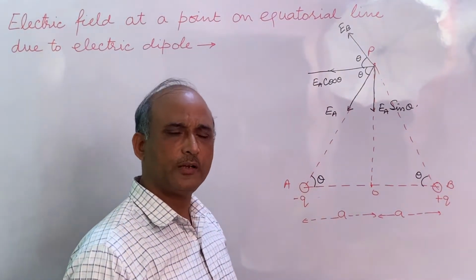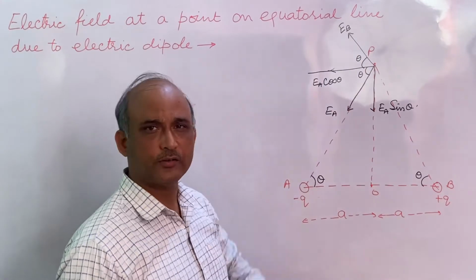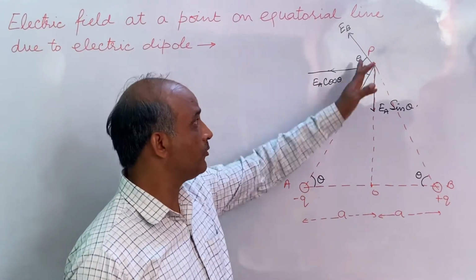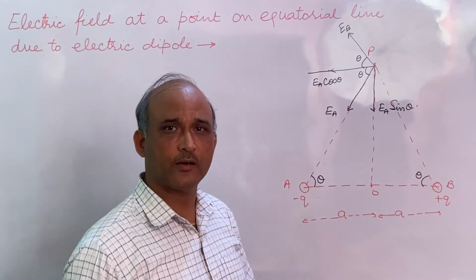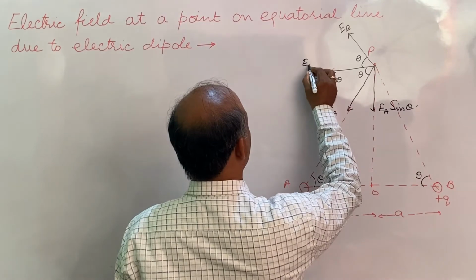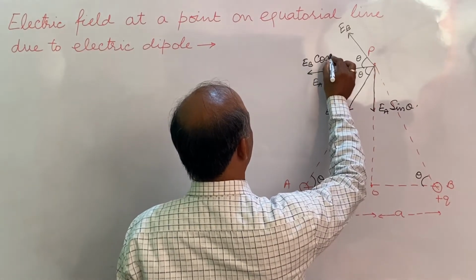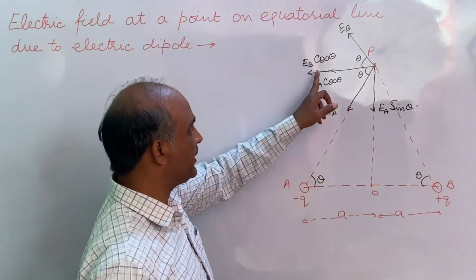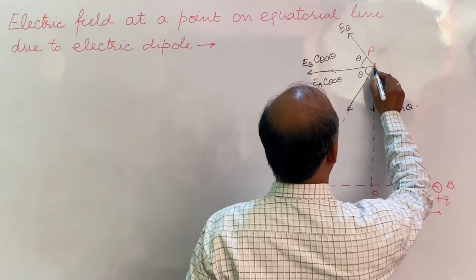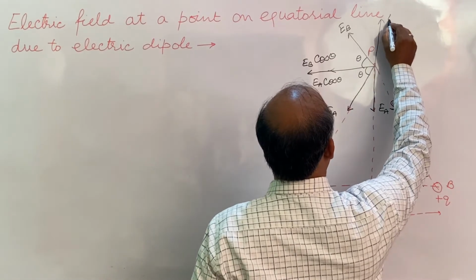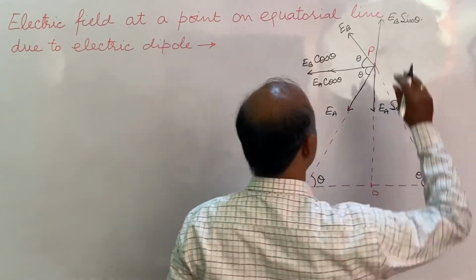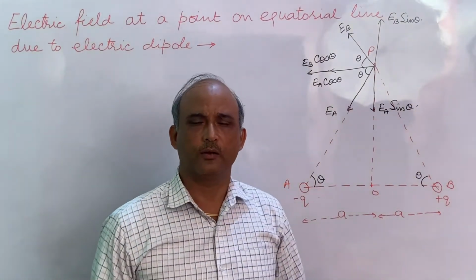Similarly, we resolve EB in horizontal and vertical components: horizontal component EB cos theta, and vertical component EB sin theta. Figure is clear?